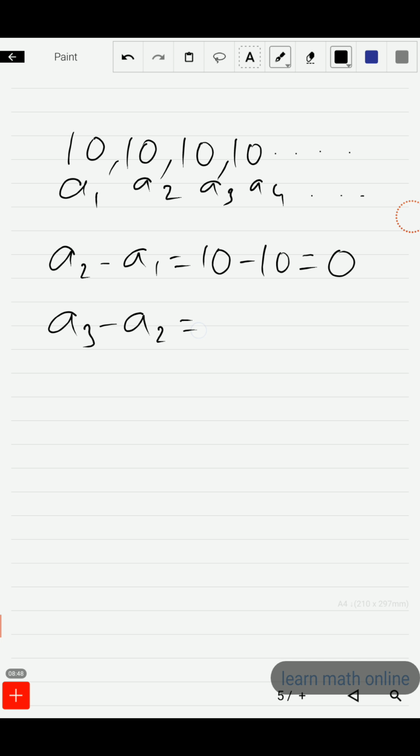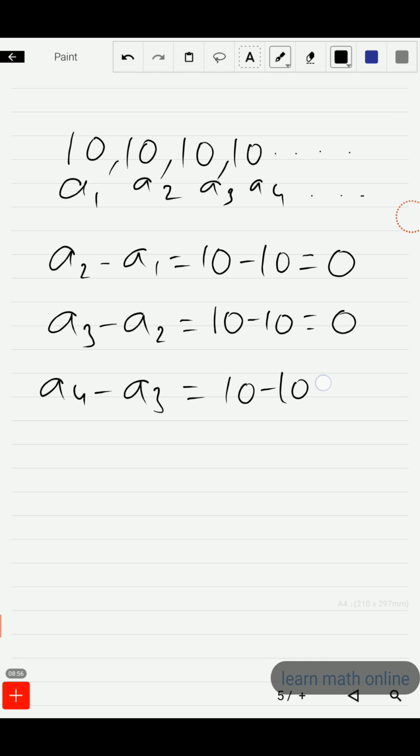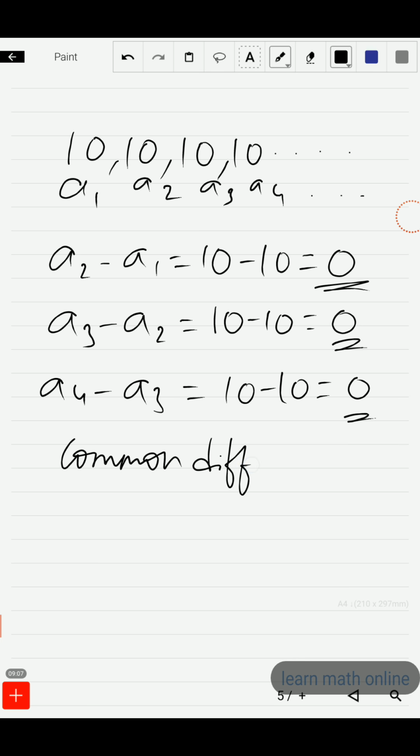Third term minus second term, A3 minus A2, will give us 10 minus 10, again 0. A4 minus A3 will again give us 10 minus 10, 0. Okay, so the difference is the same now, isn't it? Which is 0. So common difference D is equal to 0 here, isn't it?